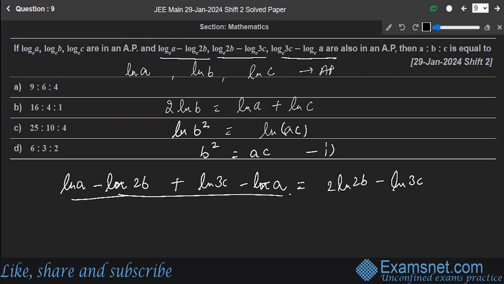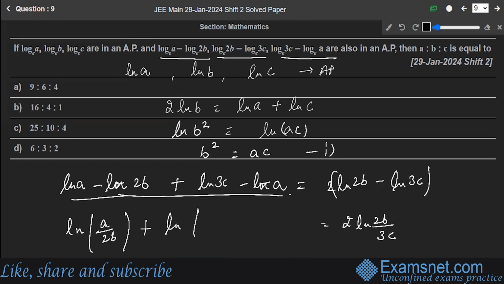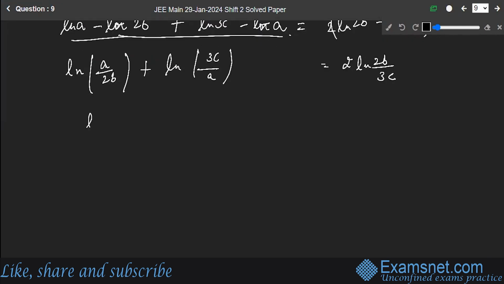So let's summarize that. Taking the logs, this will be equal to 2 log 2B upon 3C is equal to log A upon 2B plus log 3C upon A.